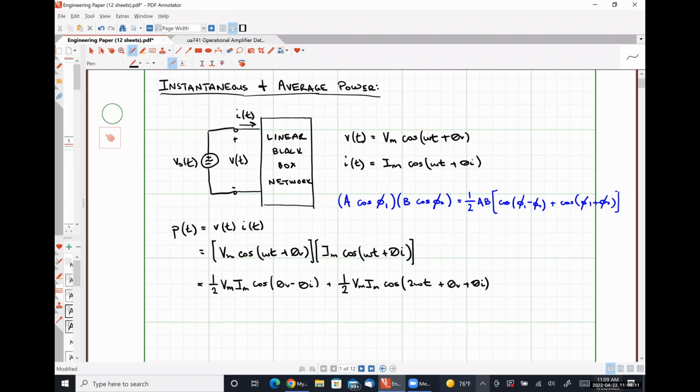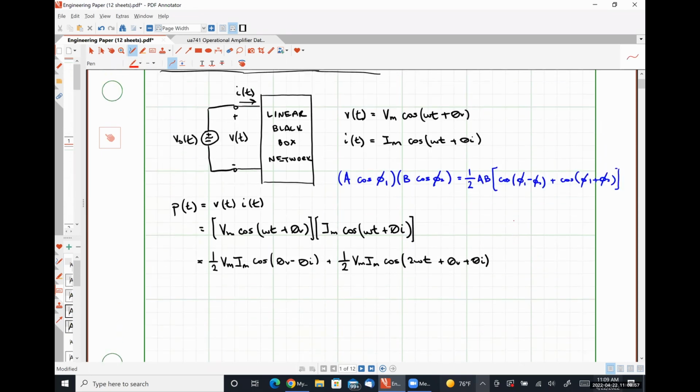Okay, so now that I've clarified that point, I'd like to talk for a little bit about this equation. Vm is a constant value. Im is a constant value. Theta v is a constant value, and theta I is a constant value. So this first term in our equation, 1/2 Vm Im cosine theta v minus theta I, represents a constant. It has no time dependence whatsoever. So that's actually a DC contribution to our instantaneous power.